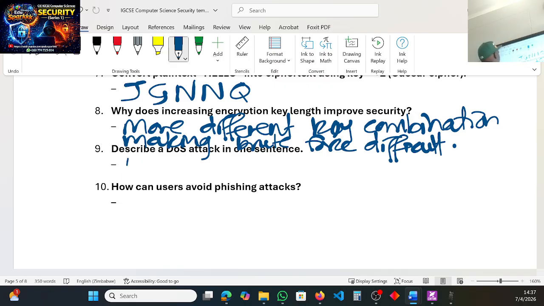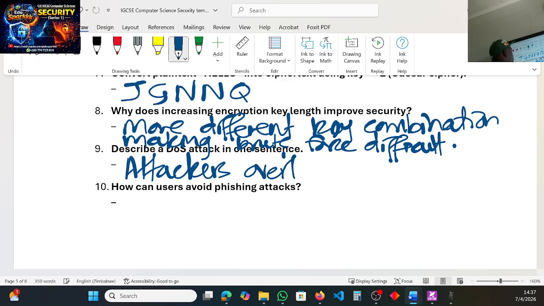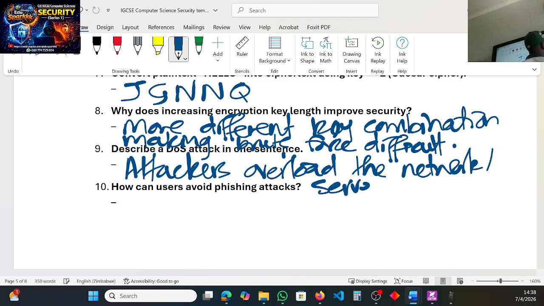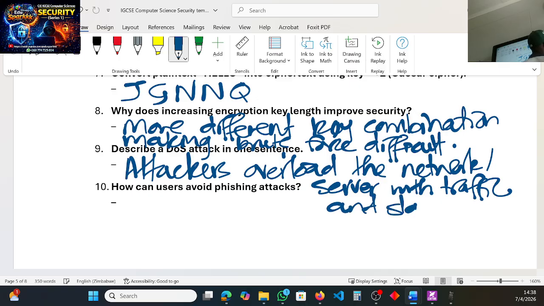So here we are saying attackers overload their network or server with traffic and slow the system. That's a denial of service attack. There is a high volume of traffic going to the server such that people struggle to gain access to the required server.